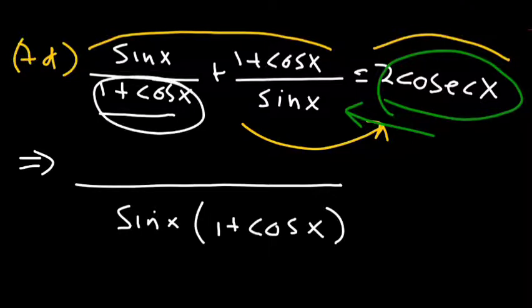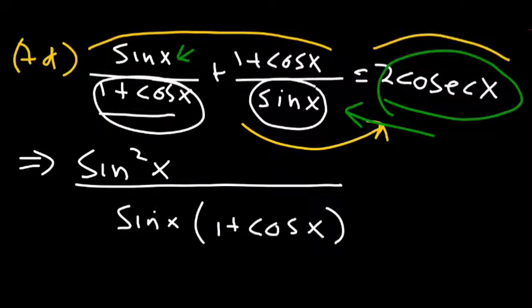So we find that it is equal to sine x times this sine x on top, so it's the same as sine squared x. What else are you going to do? We're going to get this and divide it into that. Okay, so 1 plus cos x divided by sine x, it is equal to what? So this sine and that sine will cancel.